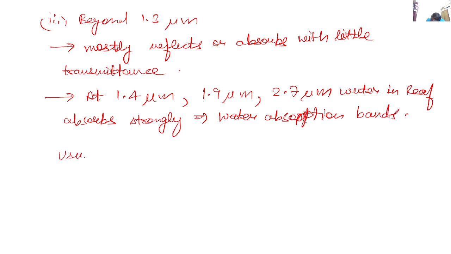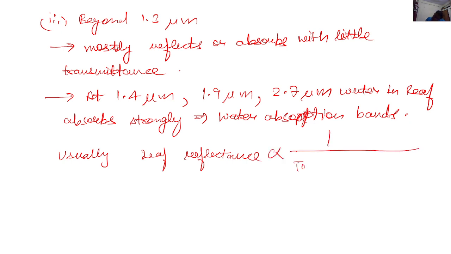Now, usually the leaf reflectance is inversely proportional to the amount of water in the leaf. So, the more the water, the lesser would be the reflectance, and vice versa, in general cases, of course.